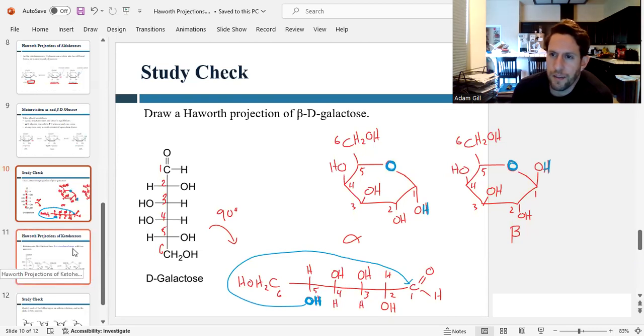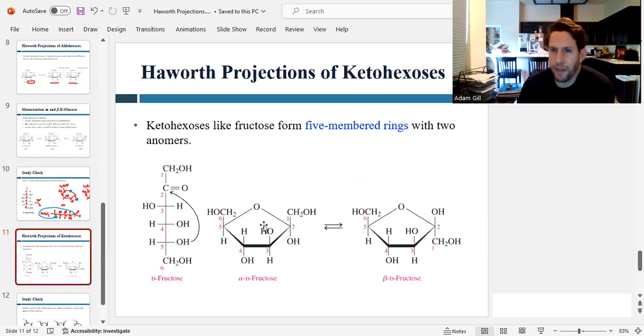Now, these examples that we've looked at so far were for aldohexoses. So what happens when you have a ketohexose? It's a little bit different. Ketohexoses form 5-membered rings with 2 anomers.